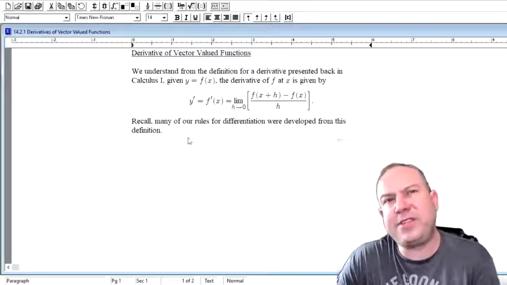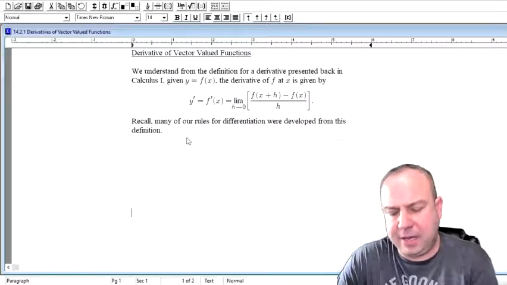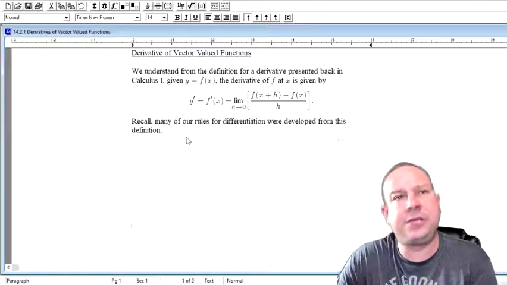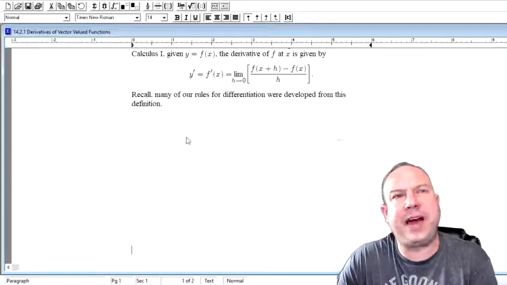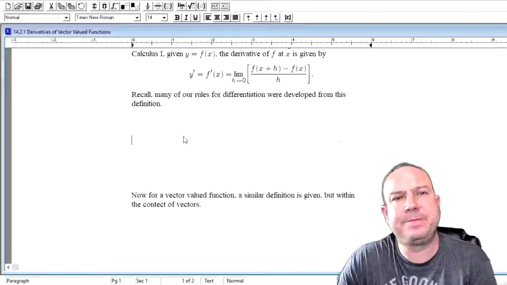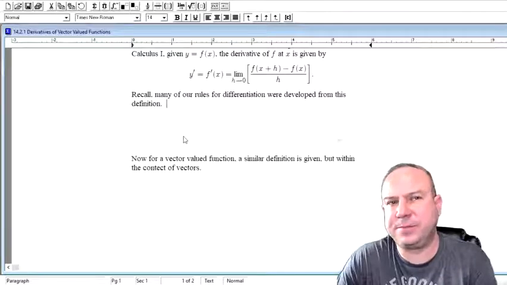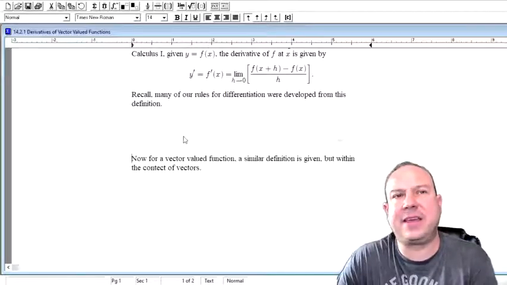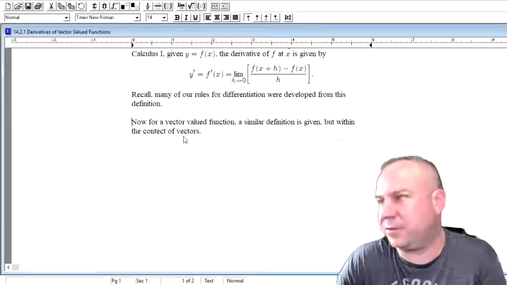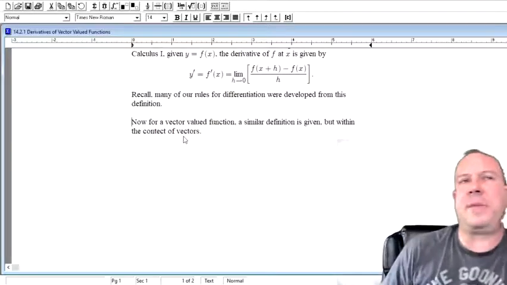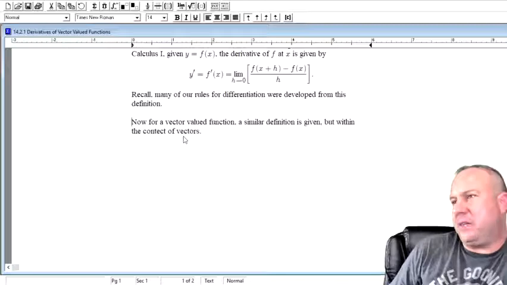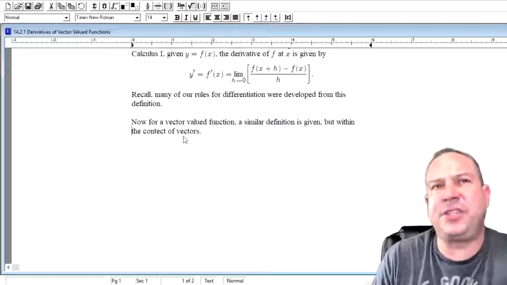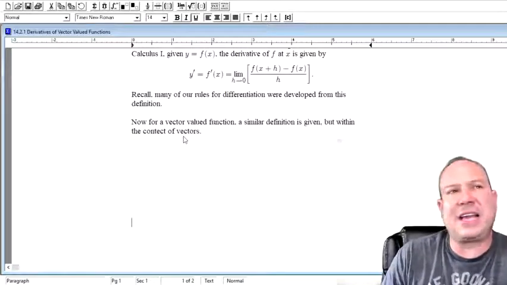Well, this definition is going to come back in an analogous situation for vector valued functions, and it's going to come back in the context of vectors. So that's what I make note of here.